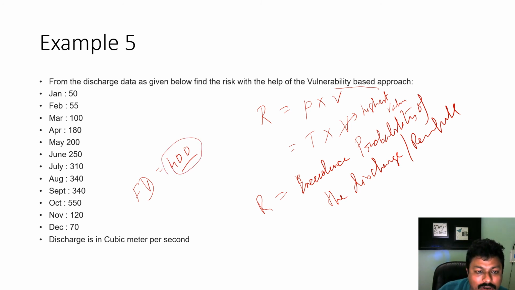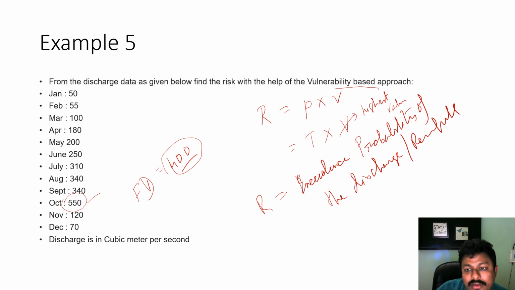Here you see only how many values are there? Only one value is there which is exceeding the vulnerable value of discharge, that is 400, assumed to be 400. Now how to calculate the vulnerability based approach is the same way.